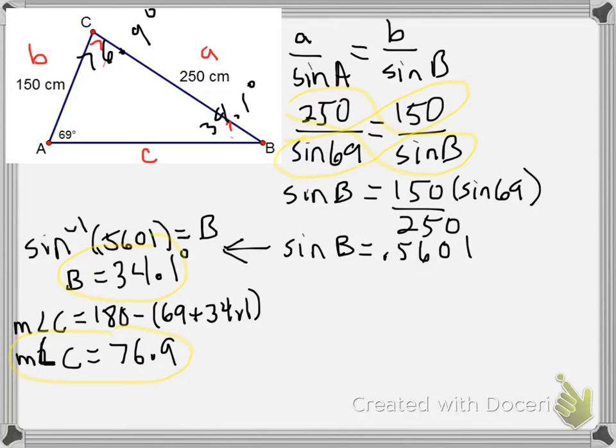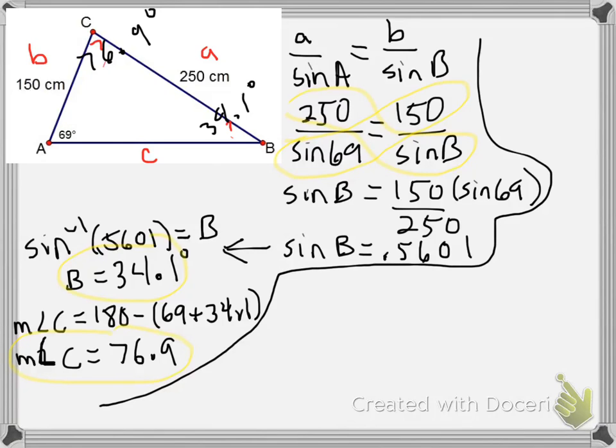Okay, so I should be able to get the last side. Do not use the Pythagorean theorem. We don't have a right triangle here. You need to use the law of sines one more time. So I'm going to erase some of this and do that right now. Well, I can just write it right here. I can start it here, and then I'll just bring it over. If I need space, I'll do the work somewhere else.